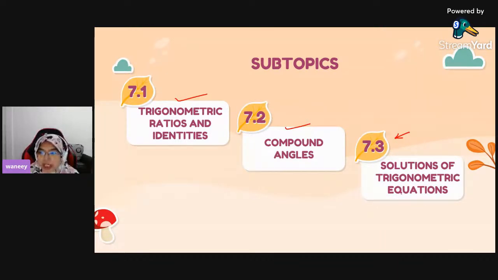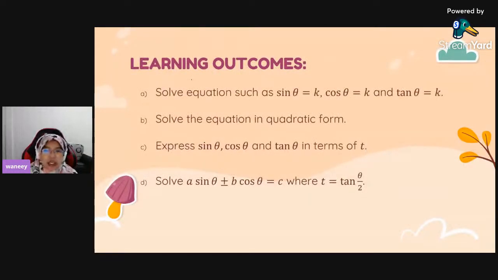Okay, so what are the things that we are going to learn today? The learning outcome for today is that you should be able to solve the equation such as sine of theta equal to k, cos of theta equal to k, and tangent of theta equal to k, which I normally call the linear trigonometric equation. Then you should be able to solve the equation in quadratic form.